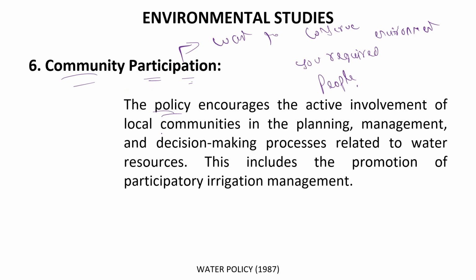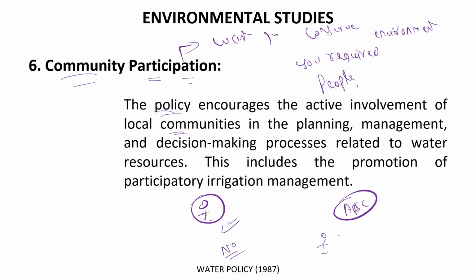Okay. So this policy encourages the active involvement of local communities who are using these resources, because as I have told you, if there is a person who doesn't have any interest or usage in resources A, B, C, and you go and ask him to participate with us, he will say no, because he does not have any interest in it.